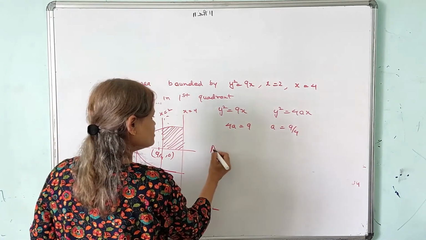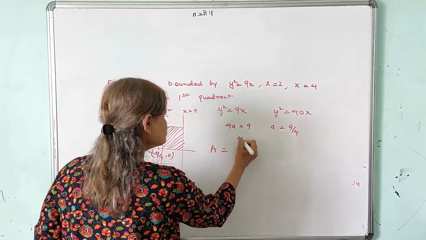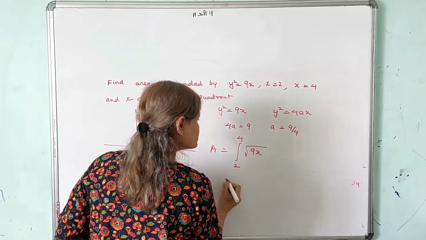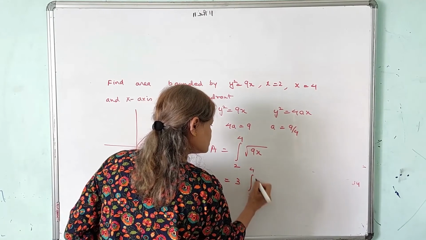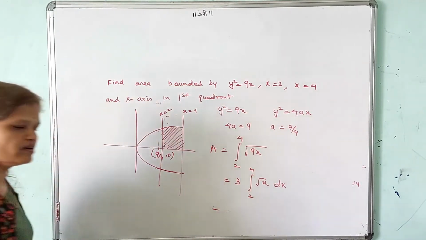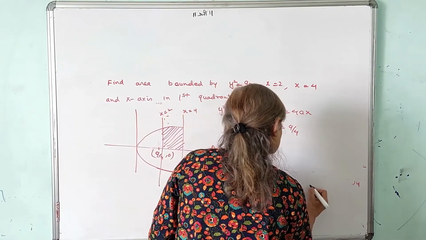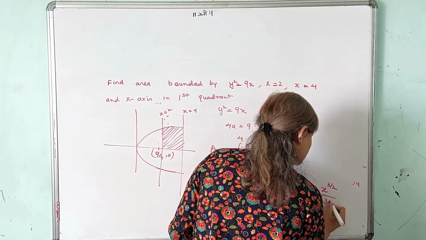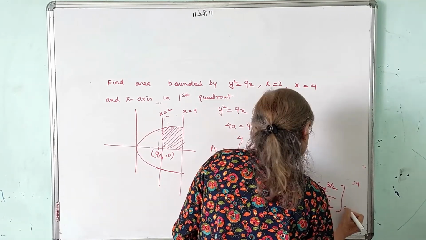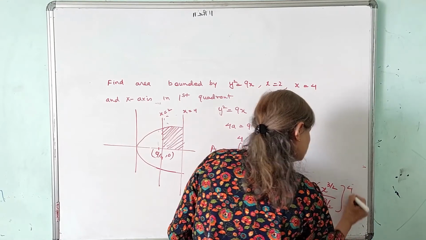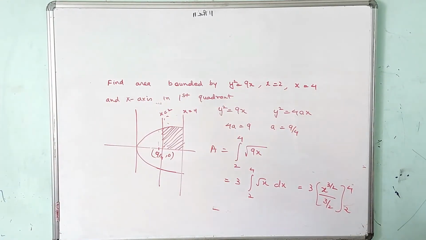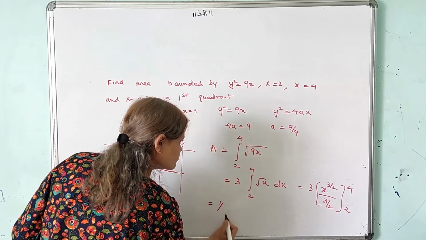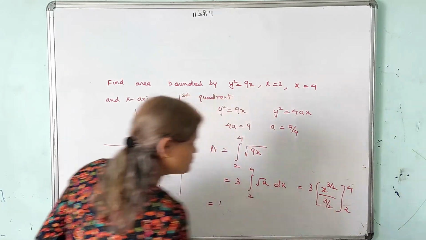So area will be equal to, from the limits 2 to 4, y of the parabola, which is nothing but root 9x. So that is 3 root x dx. So root x, you find the integration. So 3 here will get cancelled.